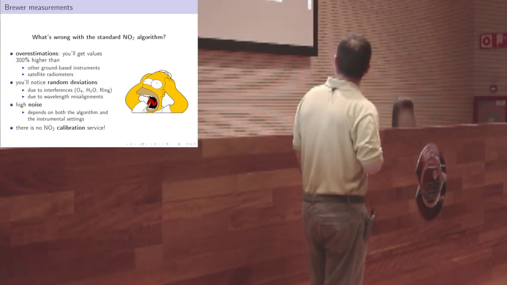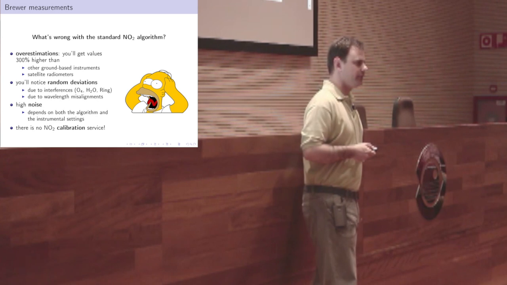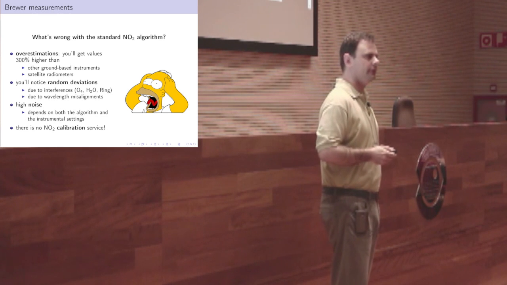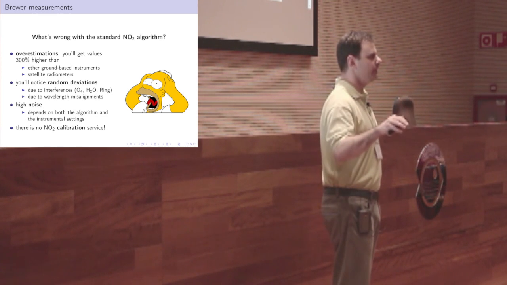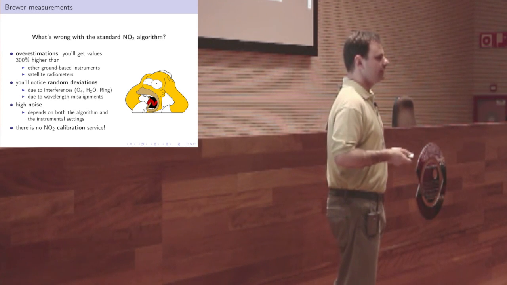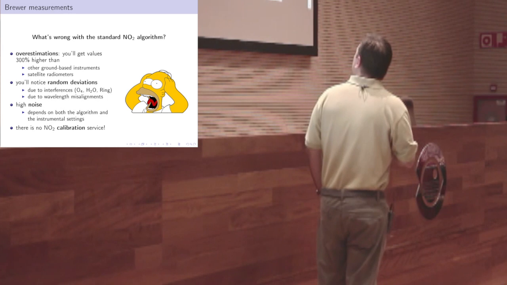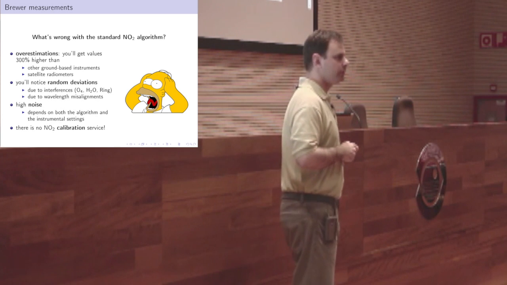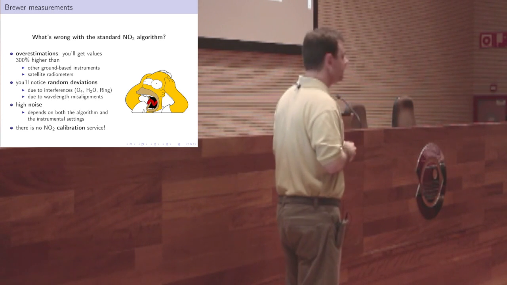So what's wrong with the standard nitrogen dioxide algorithm? If you just pick up the data from your B or D file, you probably will get disappointed because you have great overestimation by the traditional algorithm for Mark IV instruments.